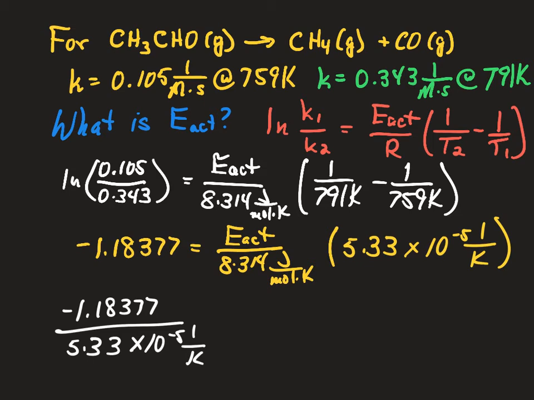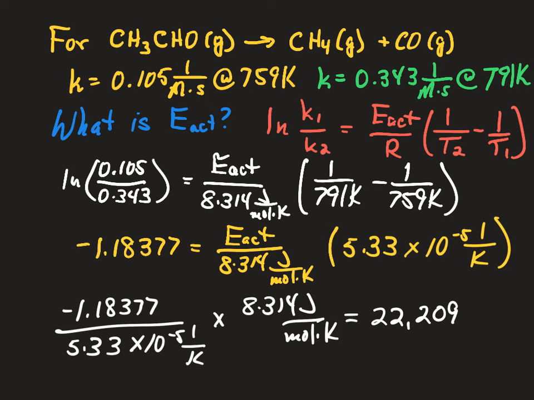And then if we multiply both sides by this, times 8.314 joules per mole Kelvin, our units cancel, and we end up getting 22,209.5 joules per mole.